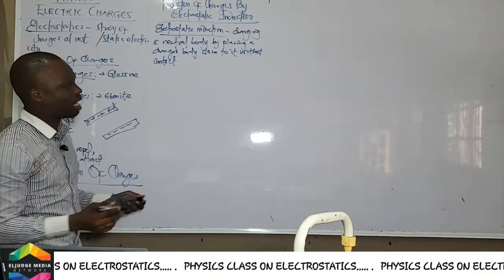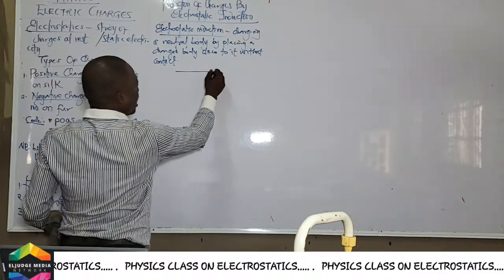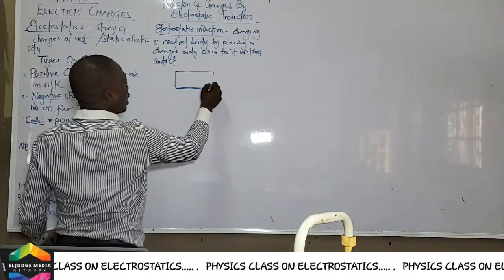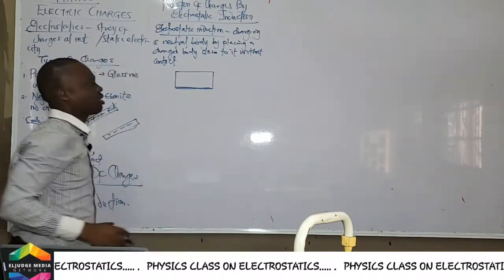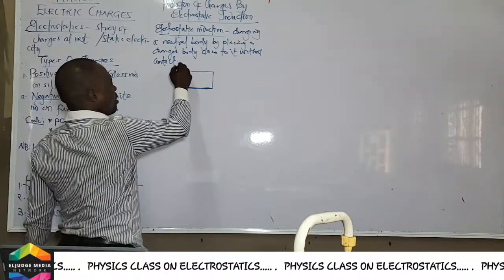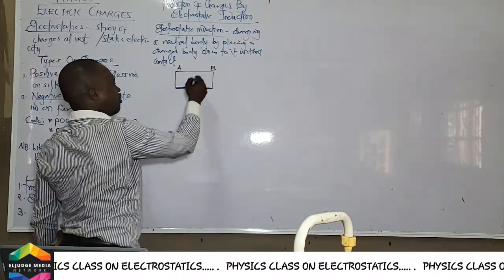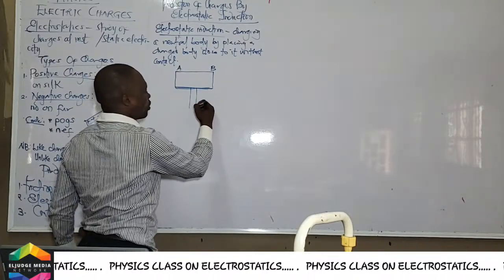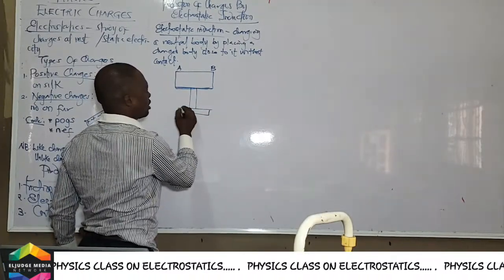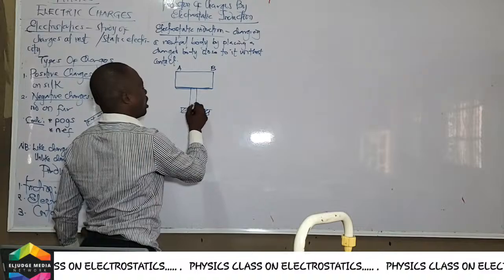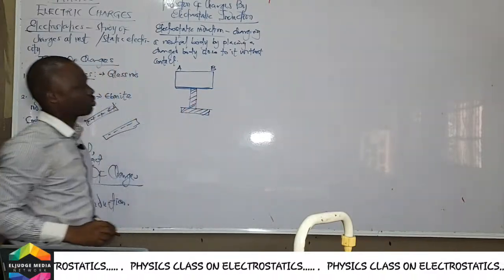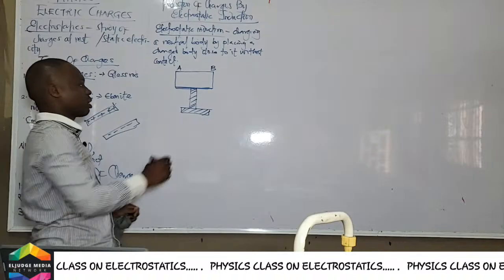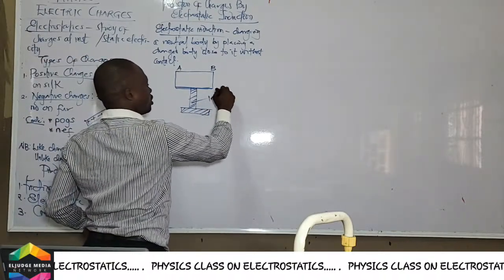A conductor can be charged. Let's look at this conductor. A conductor is made of a metal. Let's say this conductor is made up of a metal surface, and let's label this A and B side of the metal. We are putting this metal on an insulating material so that there won't be contact with the earth, and we can call this an insulating stand.